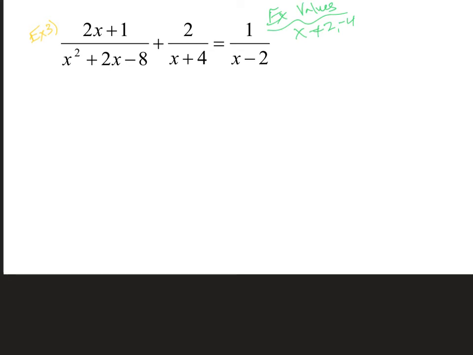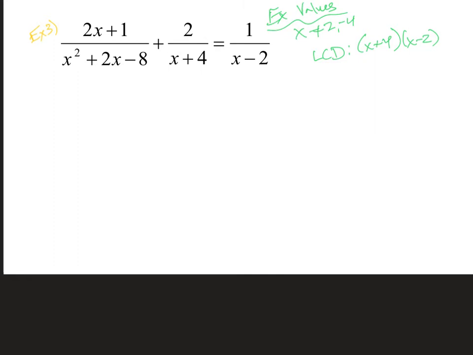Okay, so next thing says to find the least common denominator. Well, remember, the least common denominator is just the denominator with the least amount of factors in it that you can use to get a common denominator, right? Well, the least common denominator in this case, I hope everyone can see here, would be x plus 4 and x minus 2, yes?